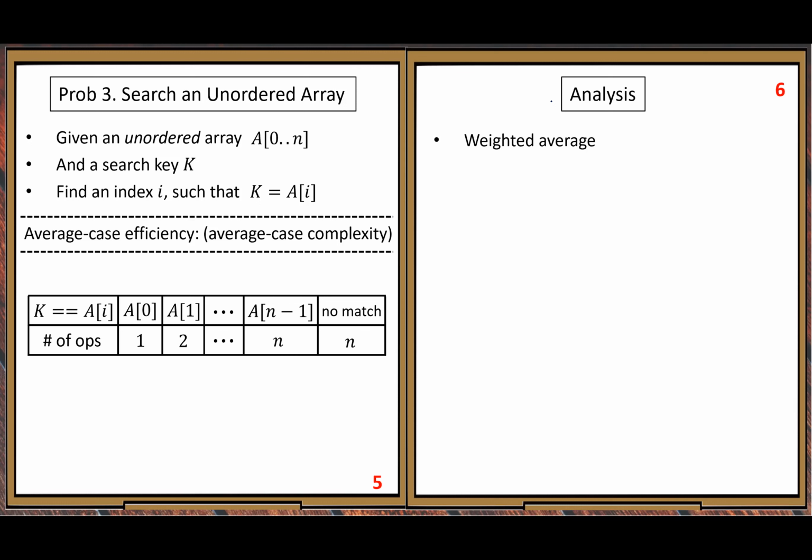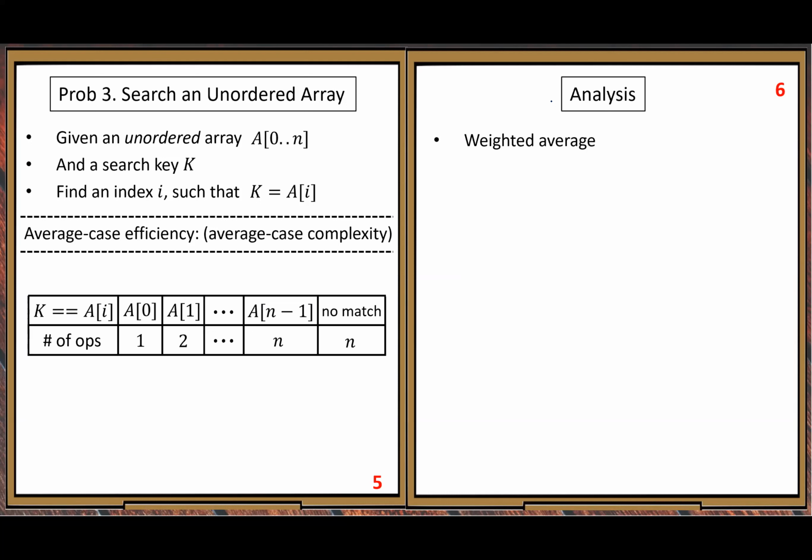Here, we use the weighted average. This time we modify our earlier versions of the average. We will choose appropriate weights when we consider all the cases.